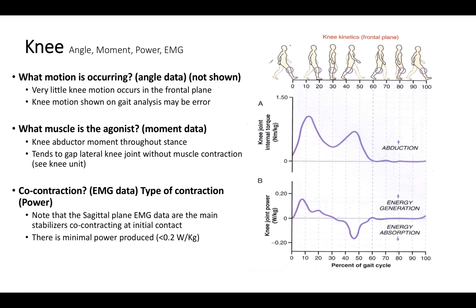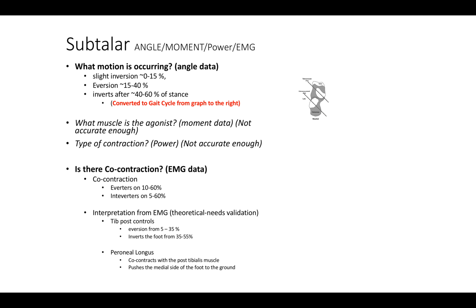And it's mostly sustained throughout the stance phase, but the powers are very minimal, as we would expect, and likely some of this power data is generated from movement artifacts. So essentially, it's mostly an isometric contraction into abduction at the knee.